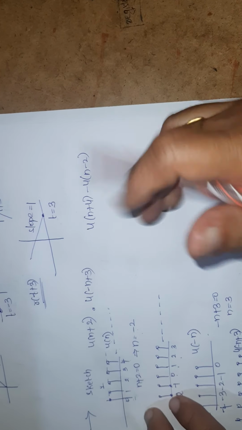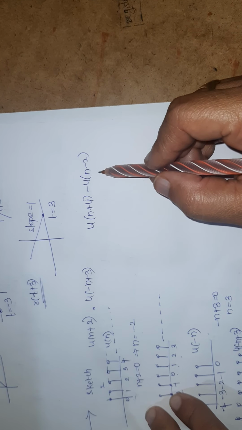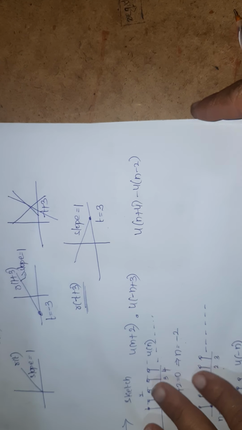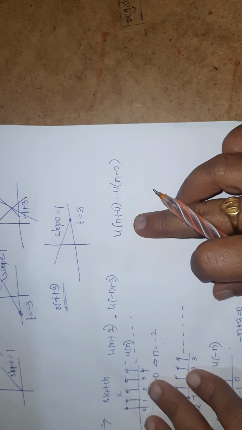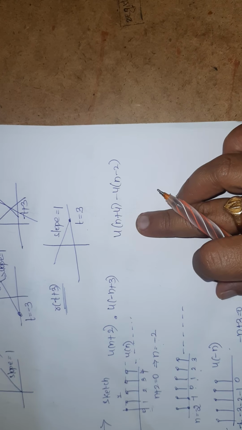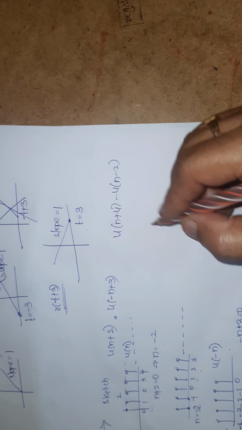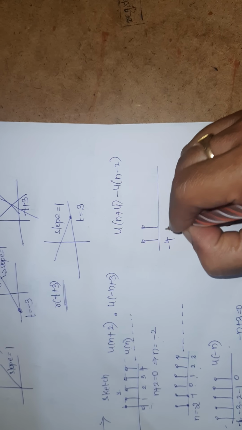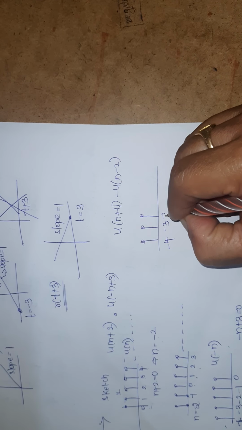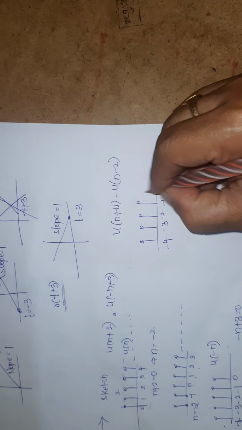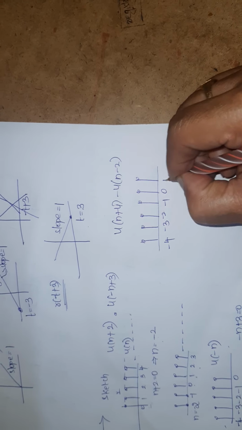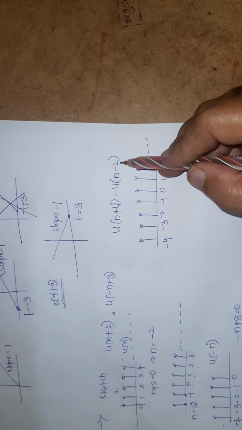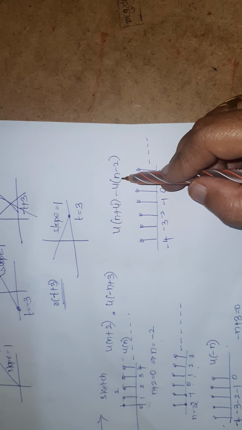Next, similarly do u of n plus 4 and minus u of n minus 2. So what is u of n plus 4? I am directly writing u of n plus 4. U of n plus 4 means the samples are starting from -4, -3, -2, -1, 0, 1, 2 like this. And what is u of n minus 2?